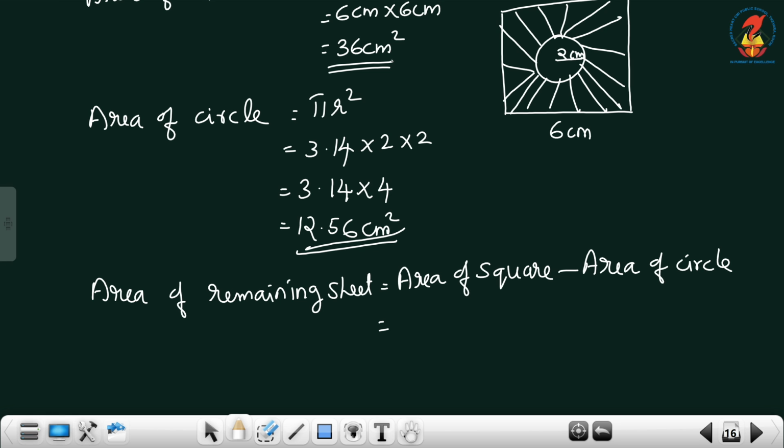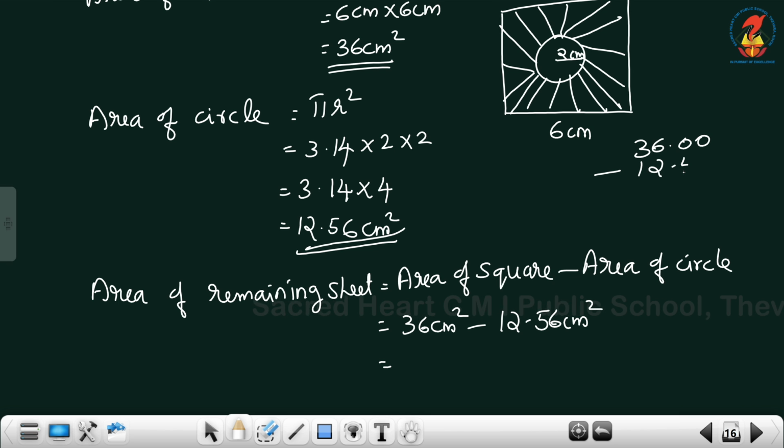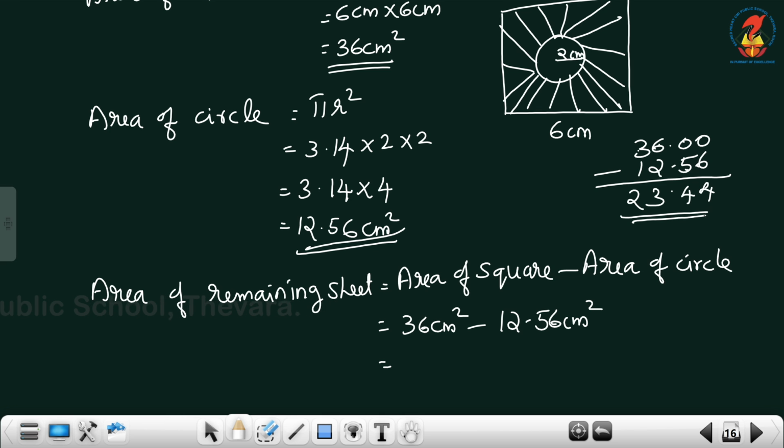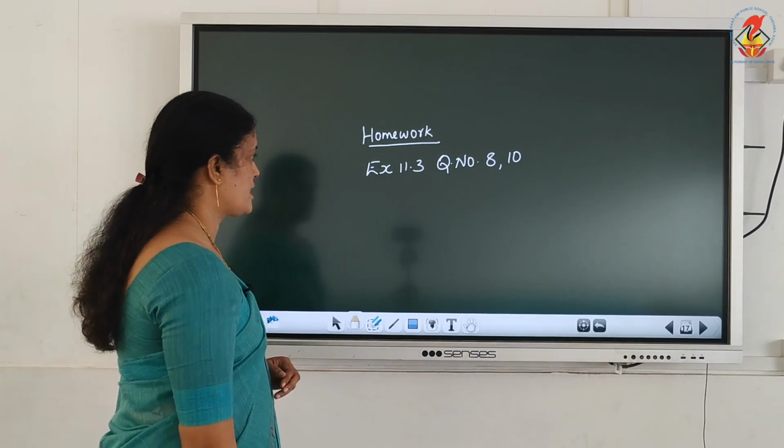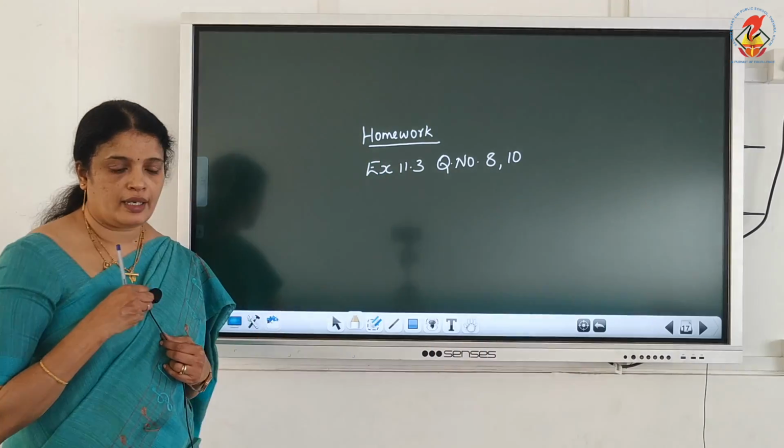Area of square equal to 36 centimeter square minus 12.56 centimeter square. 36 means 36.00 minus 12.56. 10 minus 6 is 4, 9 minus 5 is 4, 5 minus 2 is 3, 3 minus 1 is 2. 23.44 centimeter square. Homework: exercise 11.3 question number 8 and 10.